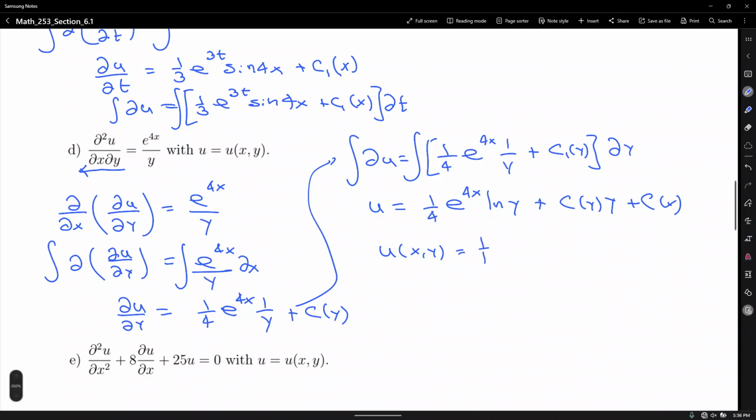That is 1/4 e to the 4x ln y plus, let me call this, how about y g of y plus f of x, okay? Plus some f of x, whatever they are. They're just constants of integration. But these constants now have variables.